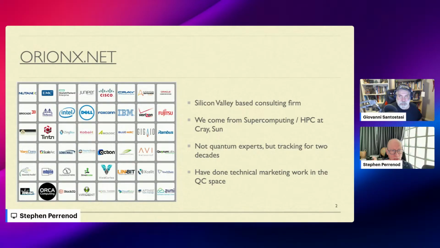So I'm not a quantum expert, but we've been tracking this from the vantage point of interest from the supercomputing, high performance computing side for 2 decades now. And this shows a bunch of our clients. And we have done some technical marketing work in the quantum computing space for clients as well.